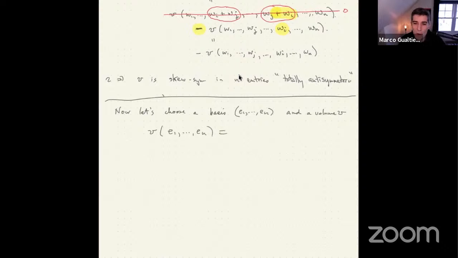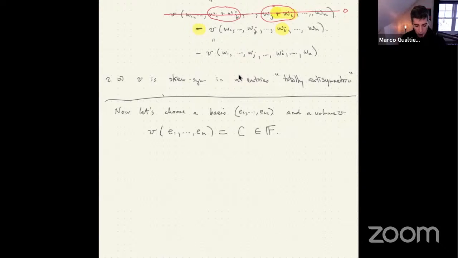Well, we don't know because there's many potential volumes, and we don't know which one. So all we know is that we have a volume, and so this will give me some number in the field. Okay.